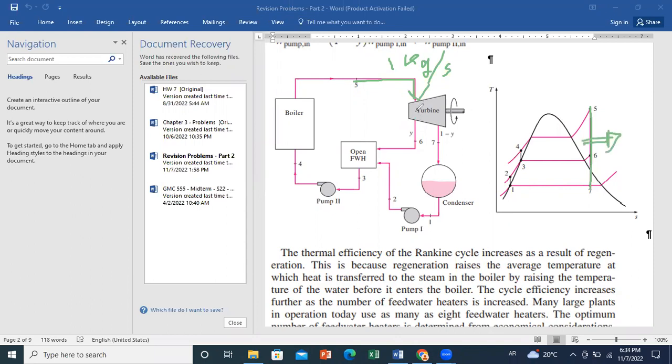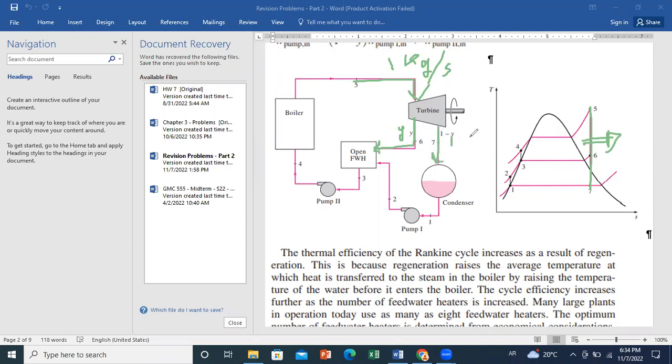I will divide the flow rate into two parts, and we'll see why when we do the analysis of this cycle. I will take y kilogram per second to the open feed water heater, and we'll see what the purpose is. And the other fraction will be taken to the condenser.